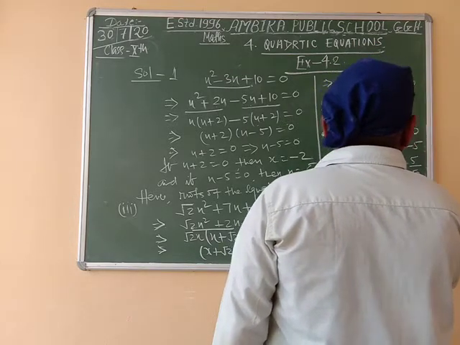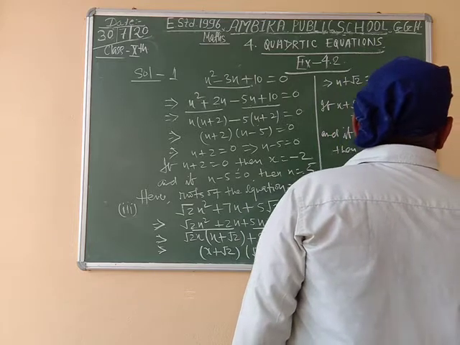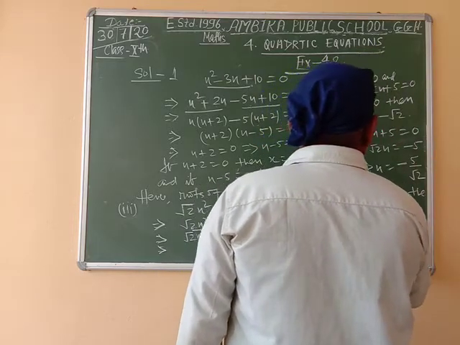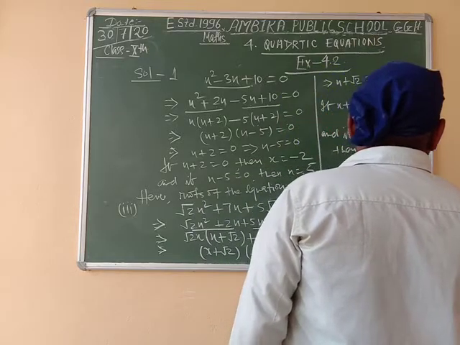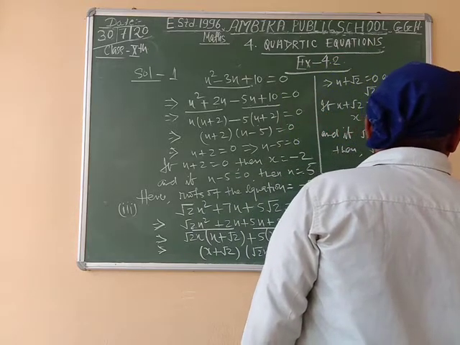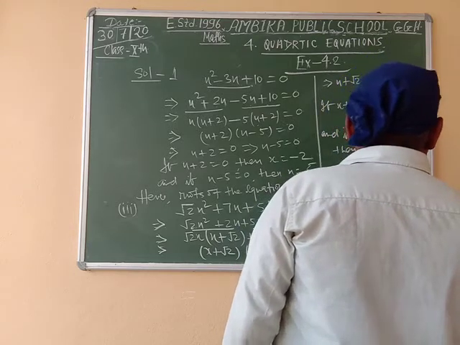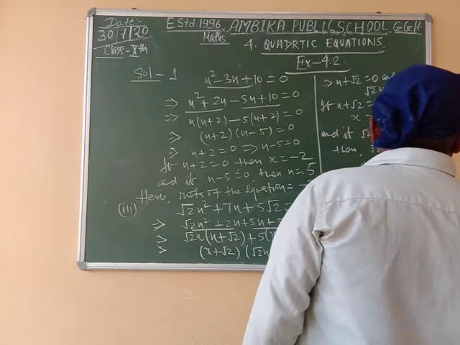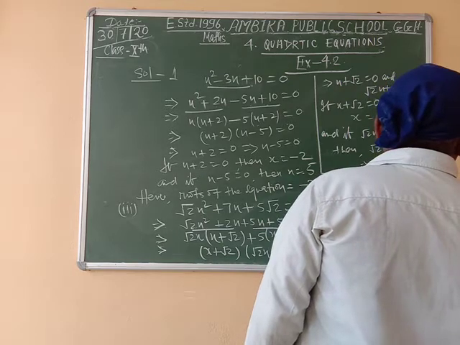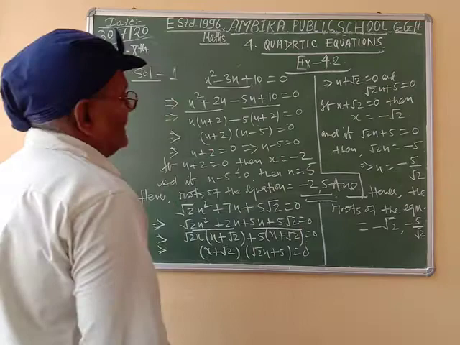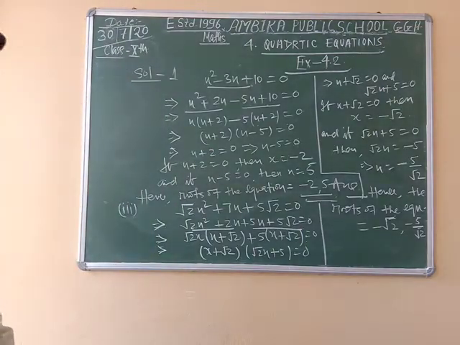Hence the roots of the equation are minus root 2 and minus 5 by root 2. In this way we can find the roots of the equation by factorization method.